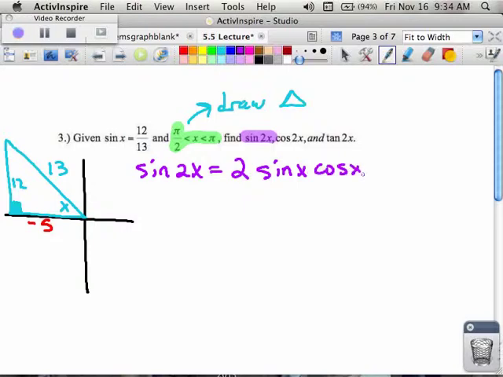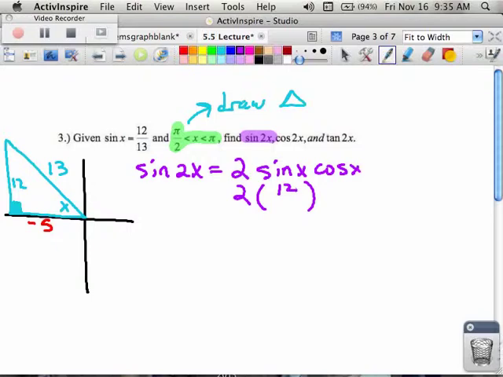The cosine was negative, -5/13. My light blue triangle. If I multiply this all together, I get over 169. Because remember, the 2 in front is really like 2 over 1.